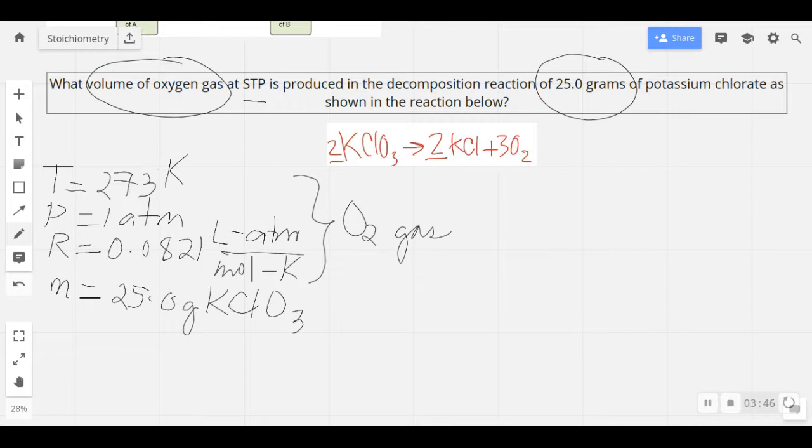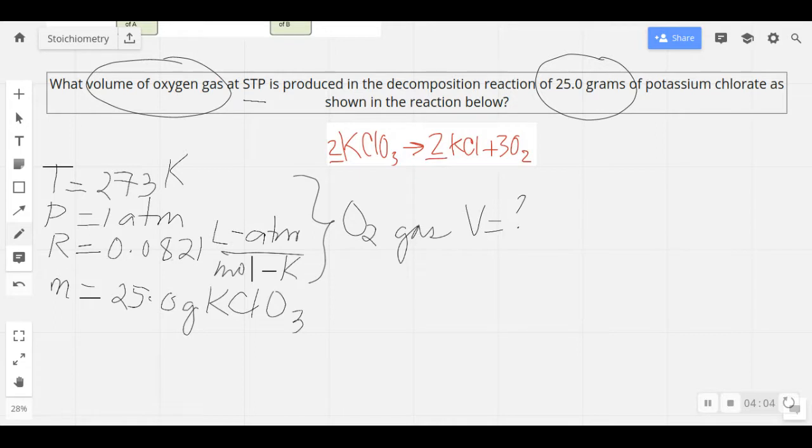So what we need to do is, for this 25 grams of potassium chlorate, we can convert it to moles of O2 because that's what we need to calculate the volume. Now, you have to get the volume of O2 gas, the V, which is the required.